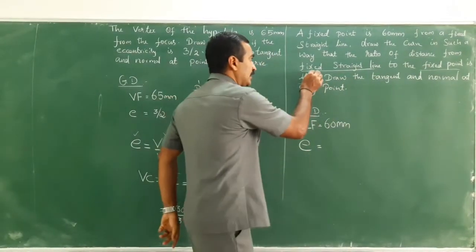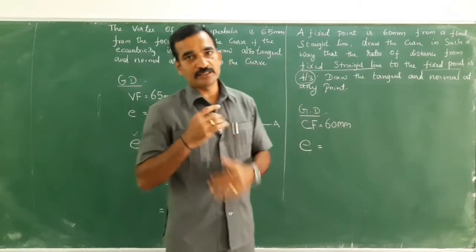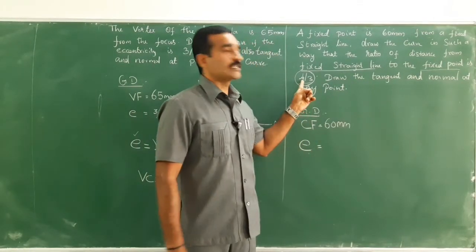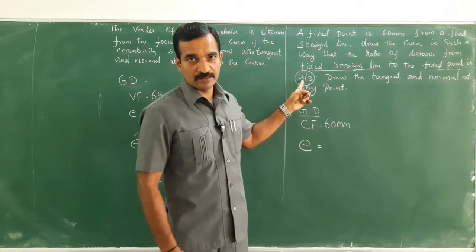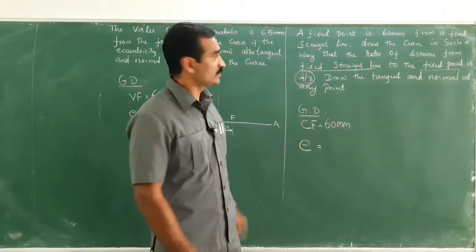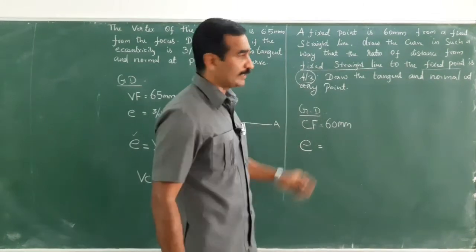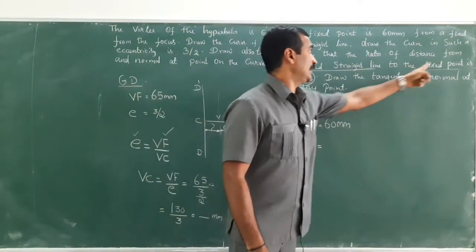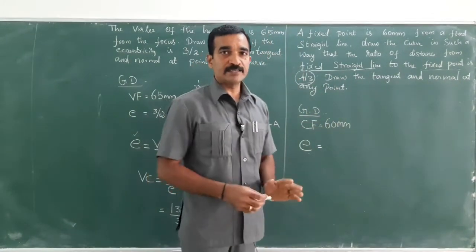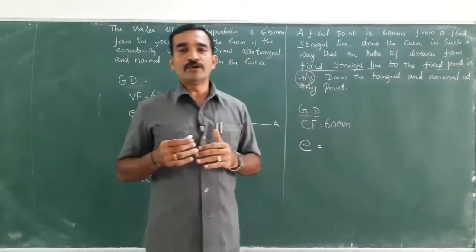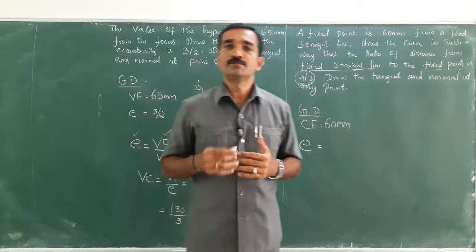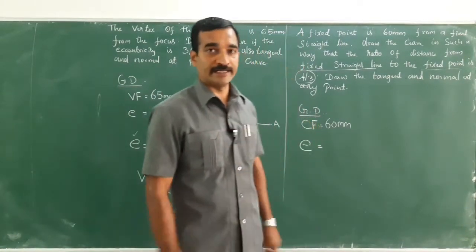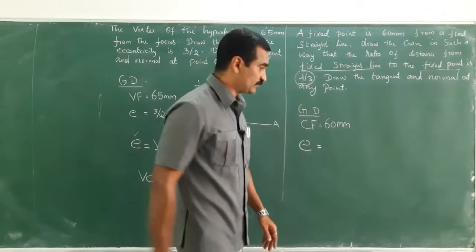So looking at the ratio, you should not jump to any conclusion. This is more than 1, therefore it could be a hyperbola, which is incorrect, because the ratio given here is from the fixed straight line to the fixed point. So it has been given the other way around.